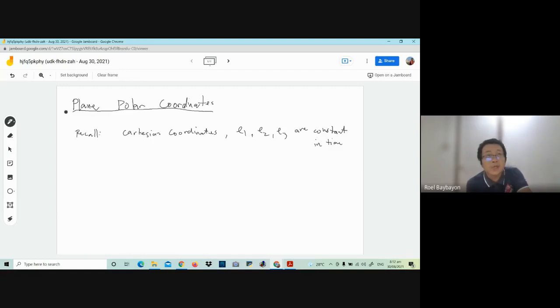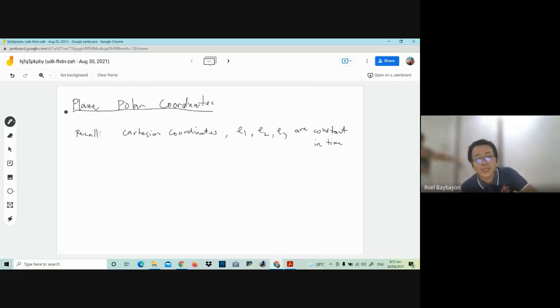Of all the coordinates, only the Cartesian coordinates have unit vectors that are constant in time. Take note of that. Only the Cartesian coordinates, with i hat, j hat, and k hat or e1, e2, e3, are constant in time. The rest, for example spherical, polar, and cylindrical coordinates, have unit vectors that are not constant with respect to time.